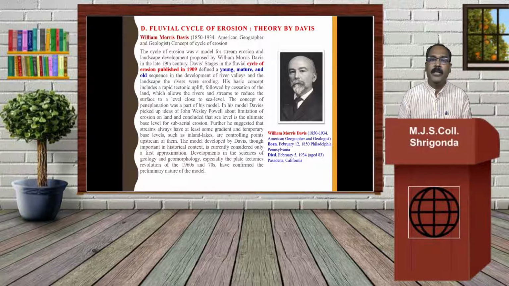In this model, Davis picked up the ideas of John Wesley Powell about the limitations of erosion on land, and calculated that sea level is the ultimate base level for sub-aerial erosion.